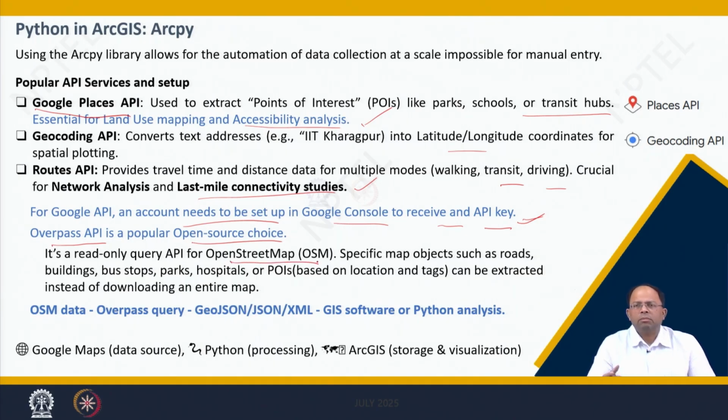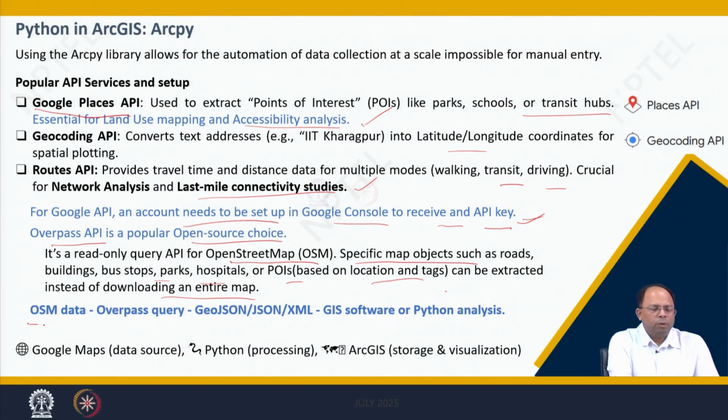That means you can just read the data, you cannot change it over there. So you are querying the data and getting the data back. You get specific map objects such as roads, buildings, bus stops, parks, hospitals, or points of interest based on location and tags, so it can be extracted instead of downloading an entire map. So we can extract only the things that we require, and we don't have to pay anything for that.